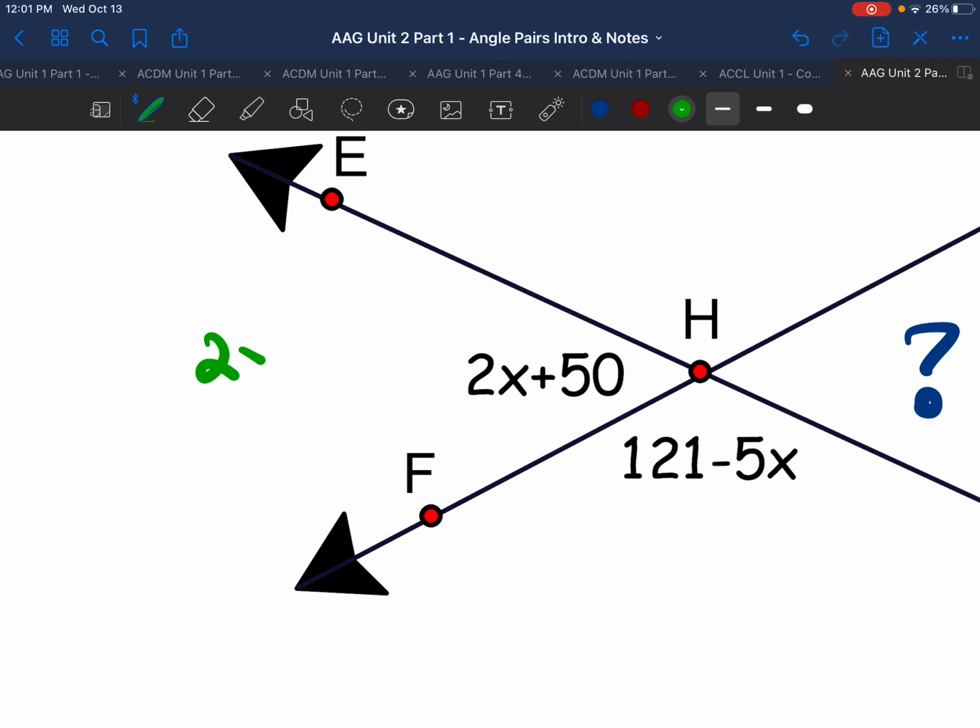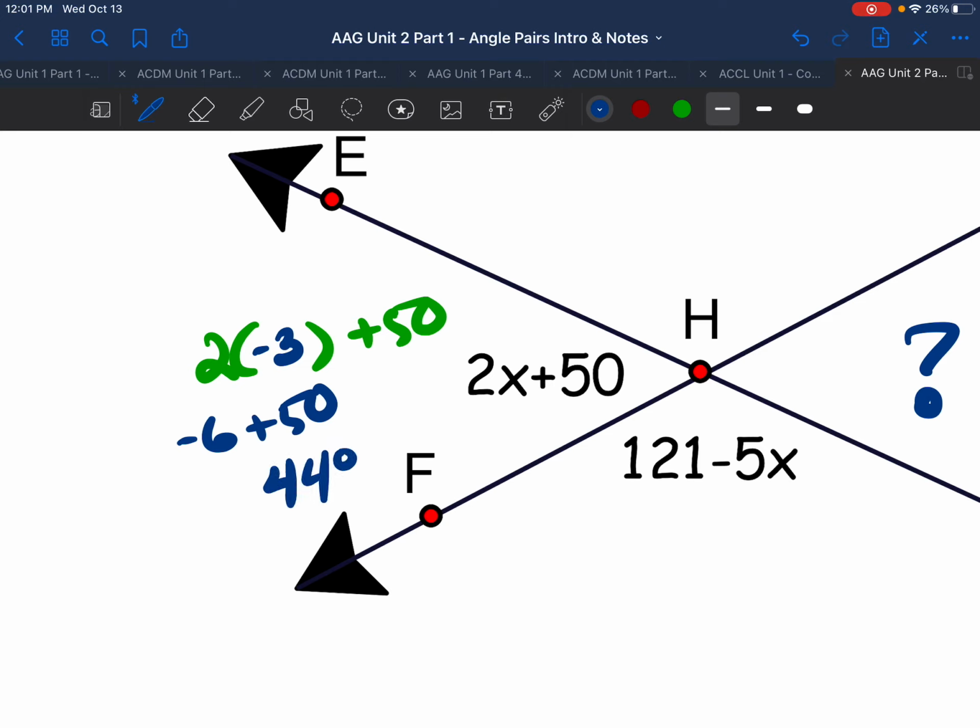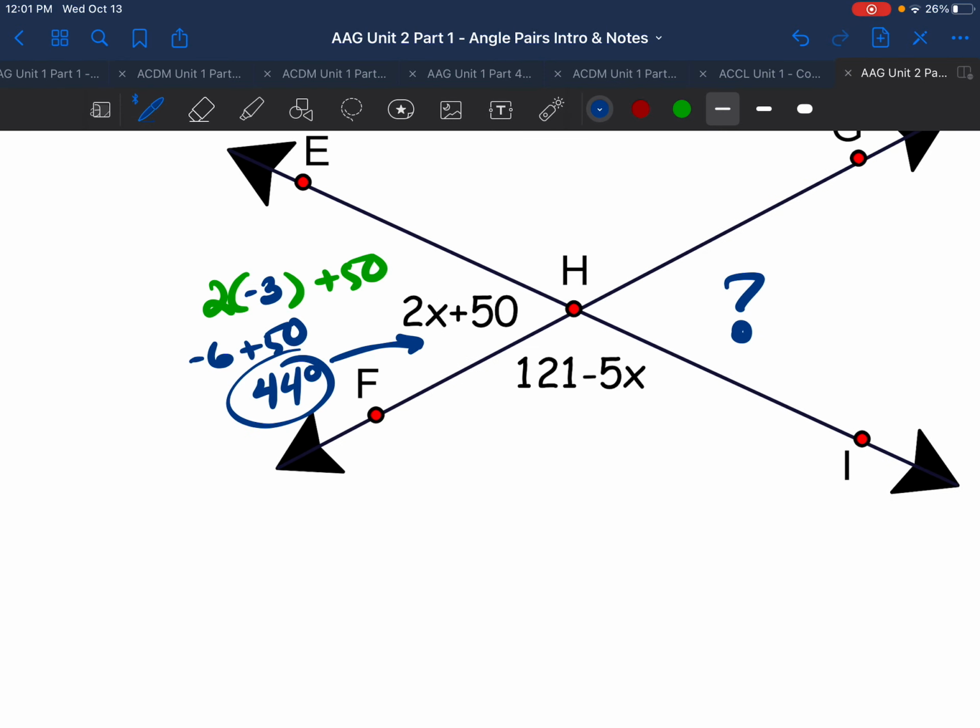So now I have 2 times x plus 50. But what is x now? Well, we just solved and found it to be negative 3. 2 times negative 3 is negative 6 plus 50. Wait a minute. We actually get a nice answer here of 44 degrees. So even though x was negative, I still get a nice positive angle measure of 44 degrees.